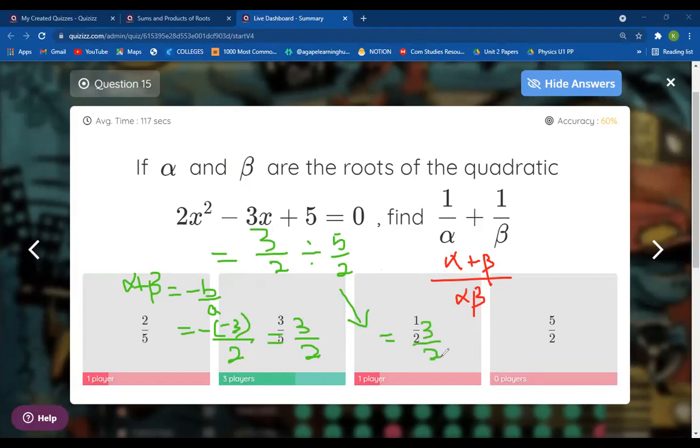So that's 3 on 2 times 2 on 5. My 2's can cancel out. And that is why the answer is equal to 3 on 5. Understand? Cancel these 2's.